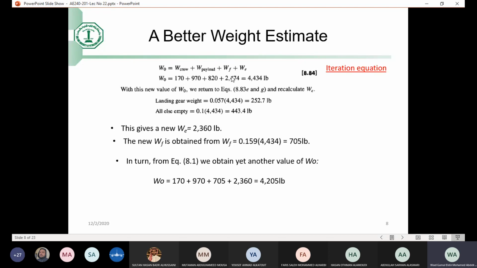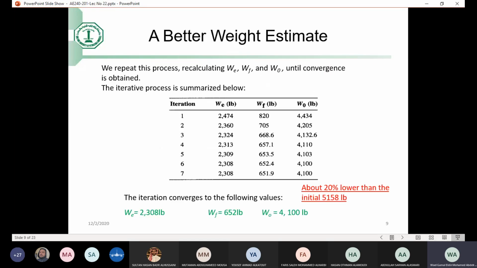WF also will go down because it's a percentage of the total weight. So from this line to this line, three numbers have changed. Two in here, the landing gear and all else, and one in here, the WF. And the total, of course, will change until things settle.